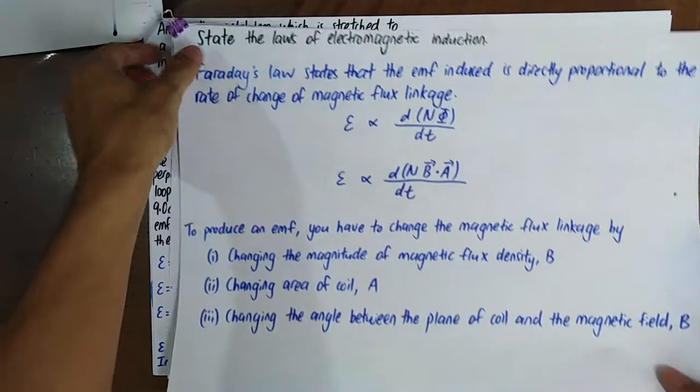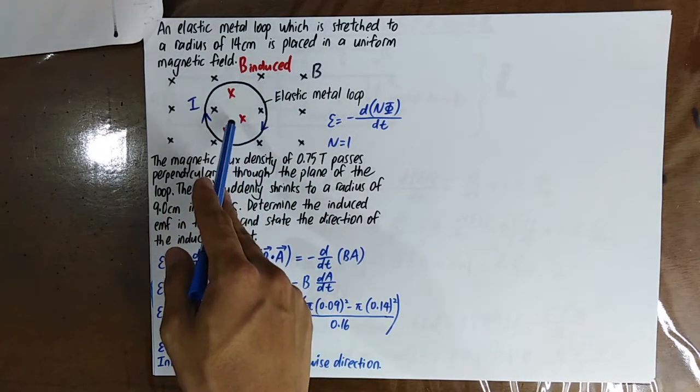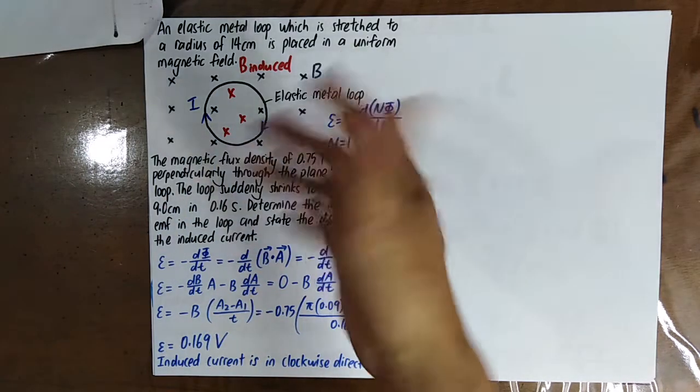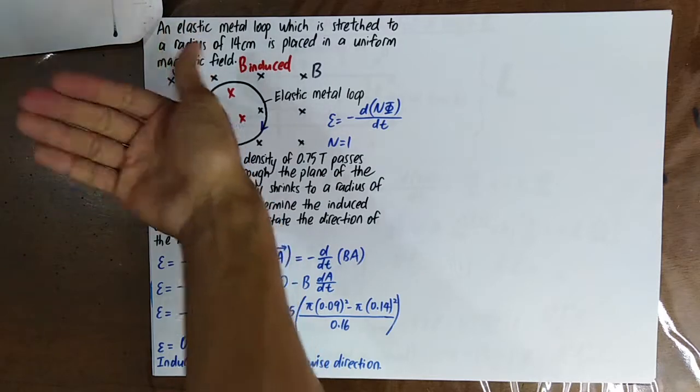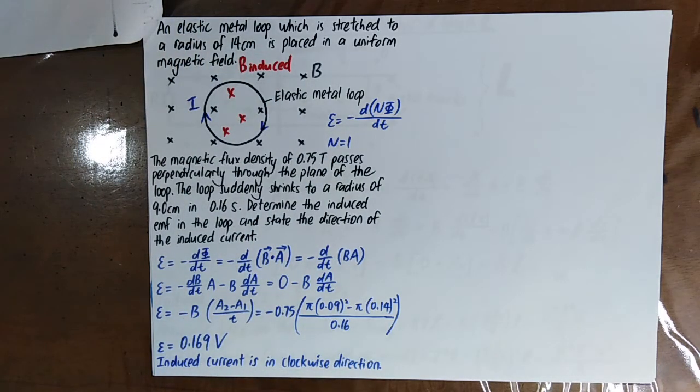So you know that the induced magnetic field will also be into the page. Therefore, by using the right-hand grip rule, you know that the current must be in the clockwise direction.